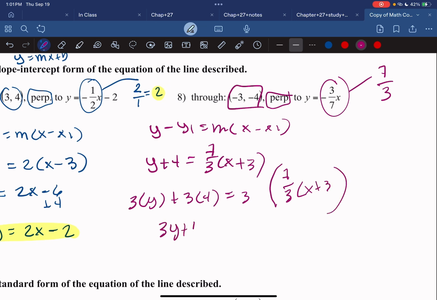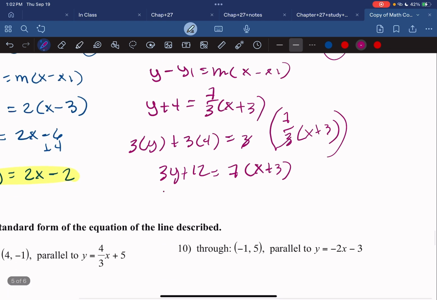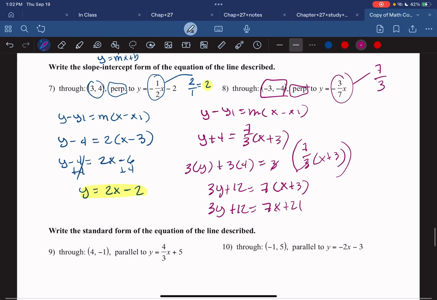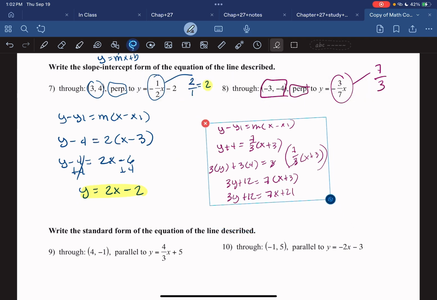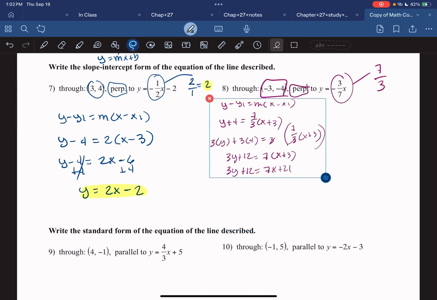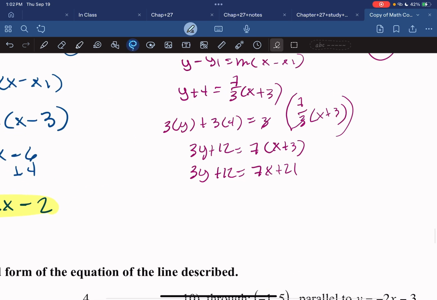Y plus 12 equals, cancel, 7 times x plus 3. Let's distribute that 7 into the parentheses. 7x plus 21. Let me make this smaller. Okay. Oops.